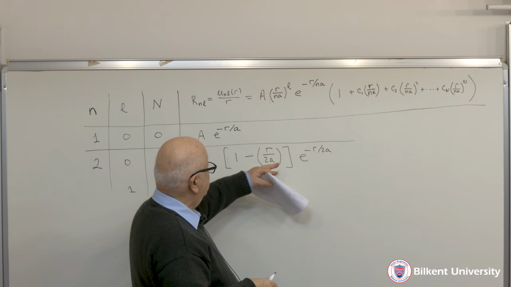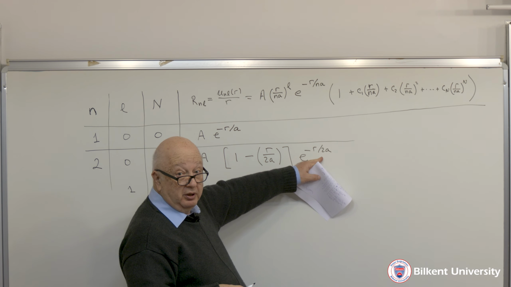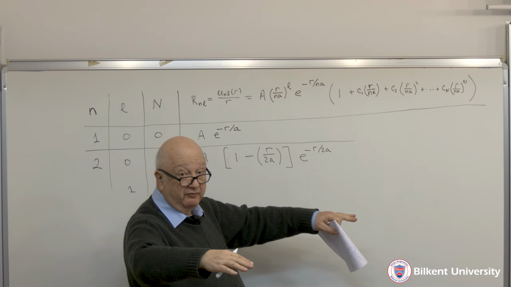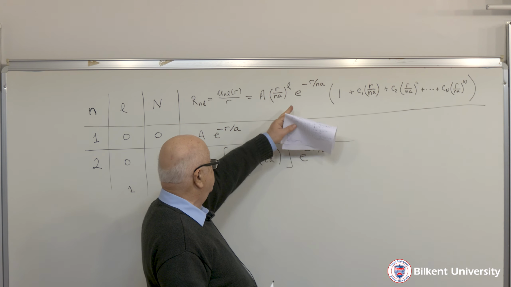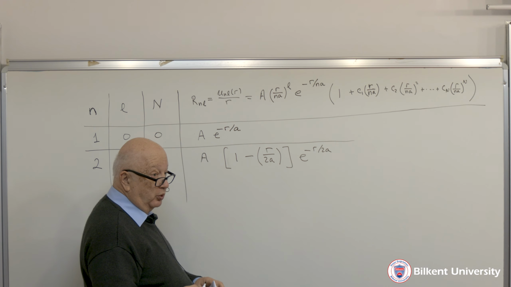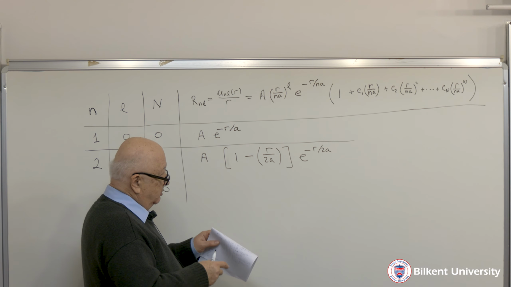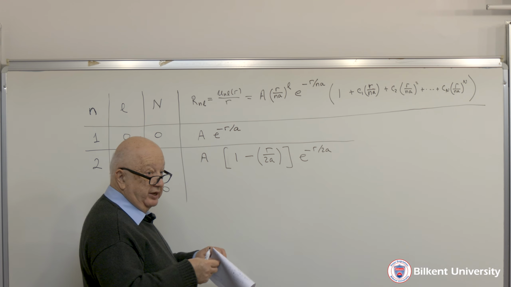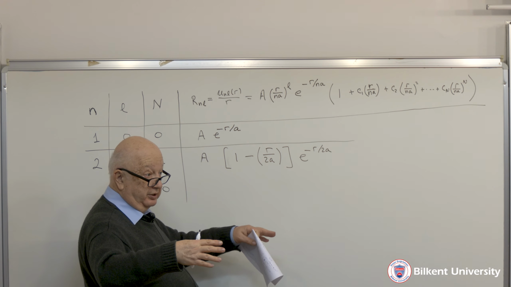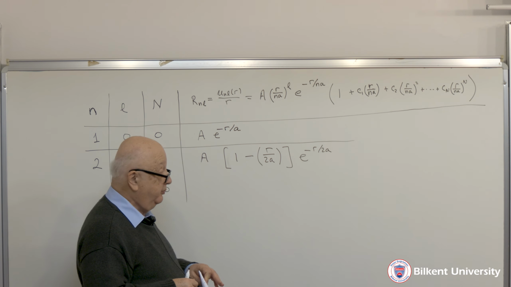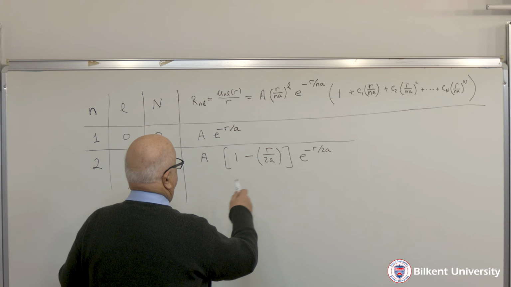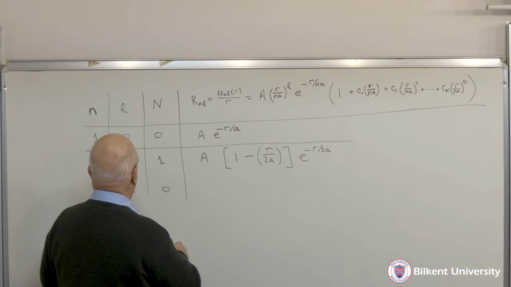You see this is an exponential, but it extends farther away. It extends twice the distance as n equal to 1. That's because as you go to higher energies, the electron is farther and farther away from the nucleus. So in some sense, that's the effect of the centrifugal term.